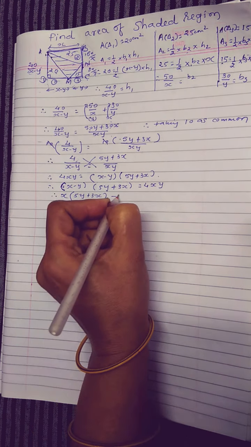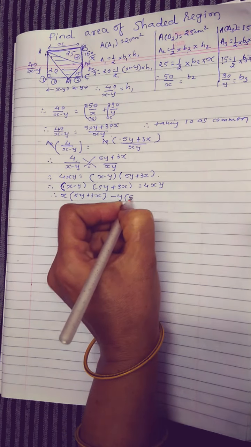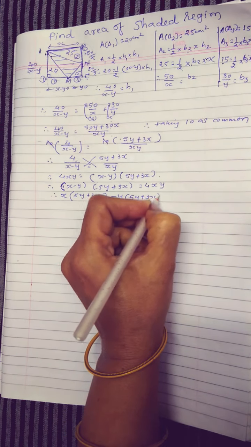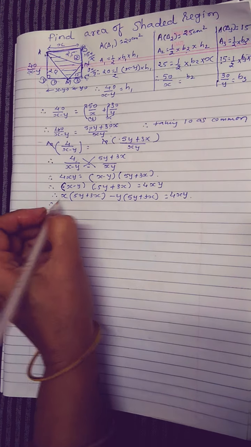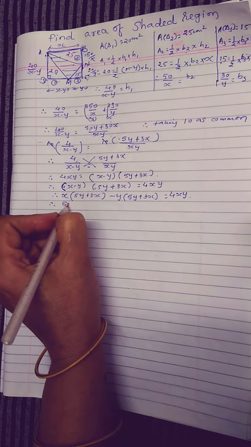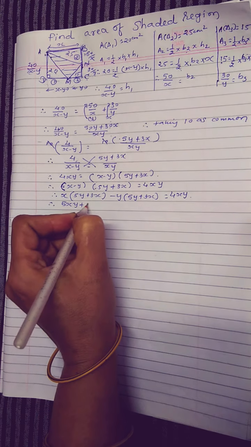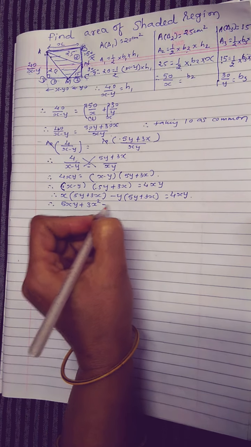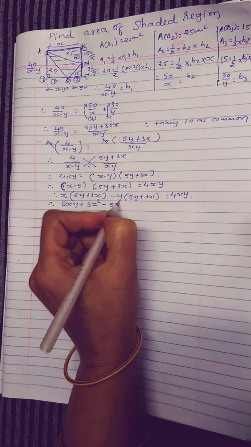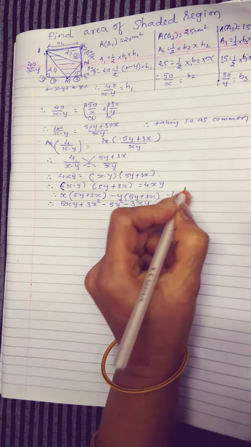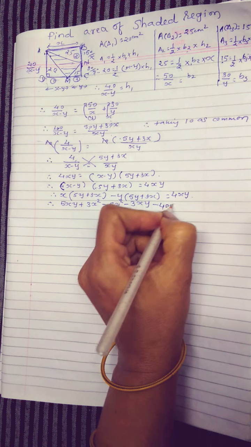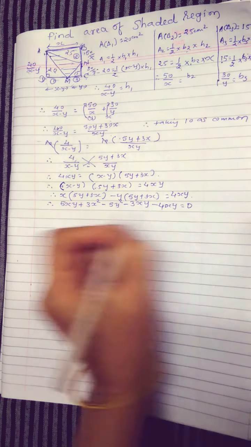Take this minus y and multiply with the whole bracket 5y plus 3x, is equal to 4xy. Now solve the bracket. It will give you 5xy plus 3x square minus 5y square minus 3xy, and minus 4xy you take on this side, is equal to 0.